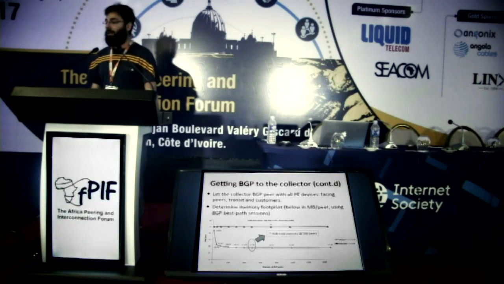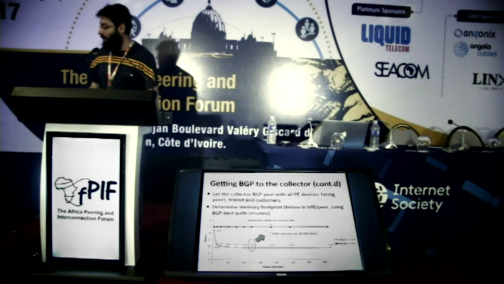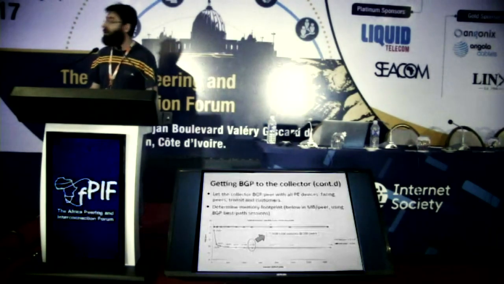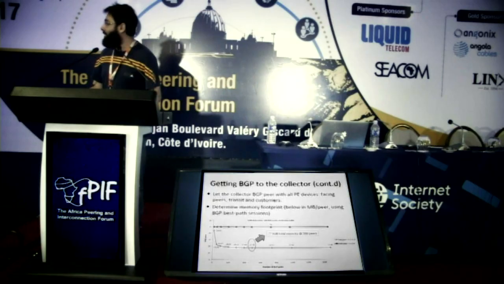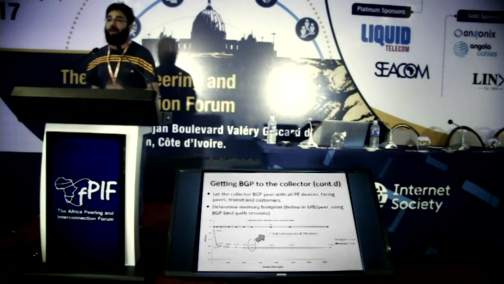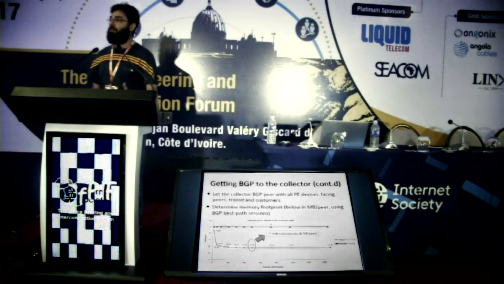And you can count some 50 megabytes per full routing table, per session, and that would total to about 9 gigabytes of memory for 500 peers. And 500 peers are a lot. 500 nodes means a world-scale network, right?